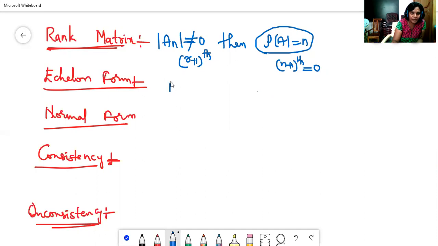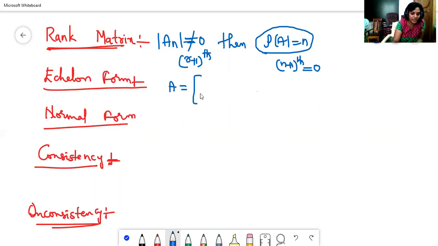One: if the A matrix has any 0 rows, then the 0 rows should be written in the last row. If any 0 row is there in the A matrix, then that 0 row is taken to the last row only. We write all the non-zero rows first, and below them we write the zero row. That is the first condition.